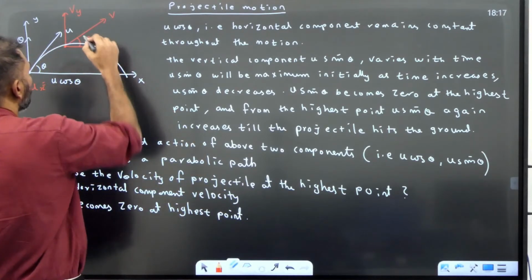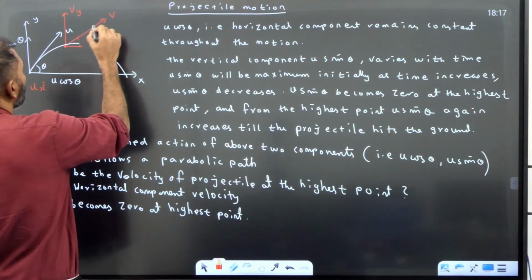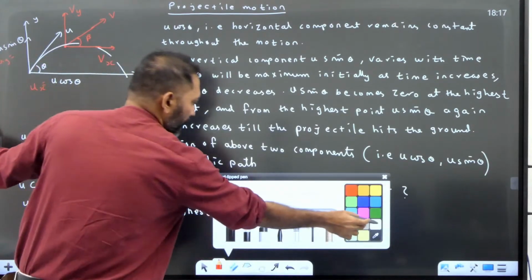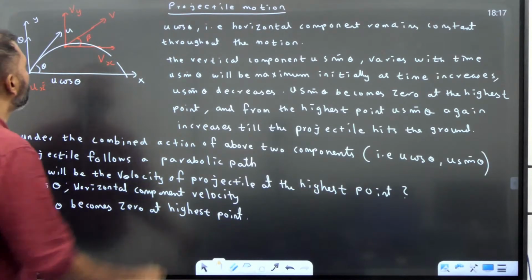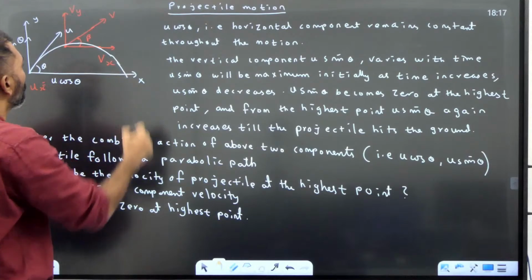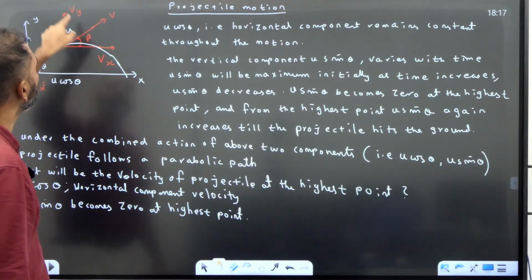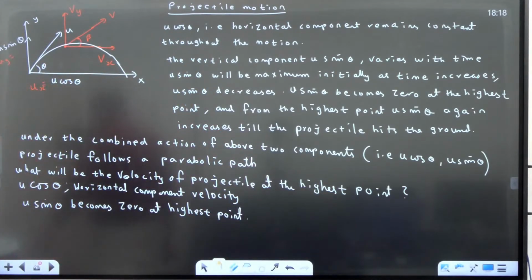The angle is not theta, the angle is beta, because theta we have already used. The velocity is making an angle beta with the horizontal. So this is vx, the horizontal component of velocity, and this is vy, the vertical component of velocity. If there is anything to be noted, please note it down.